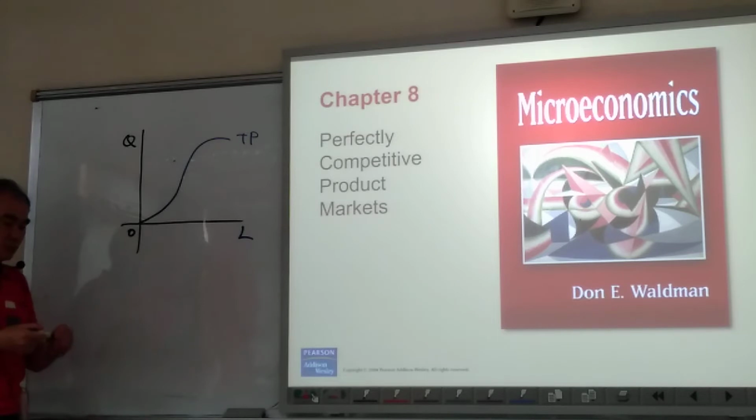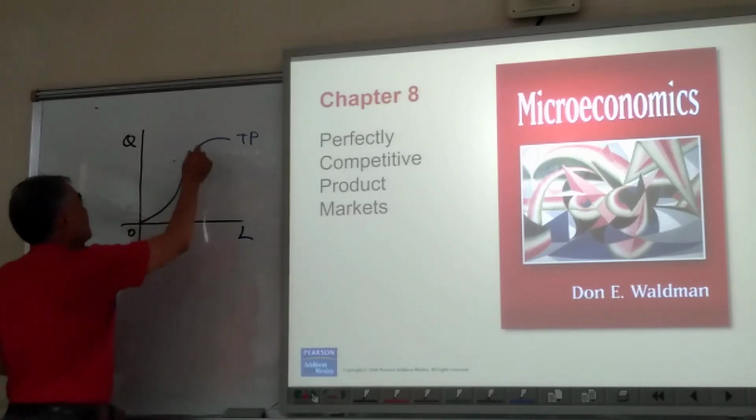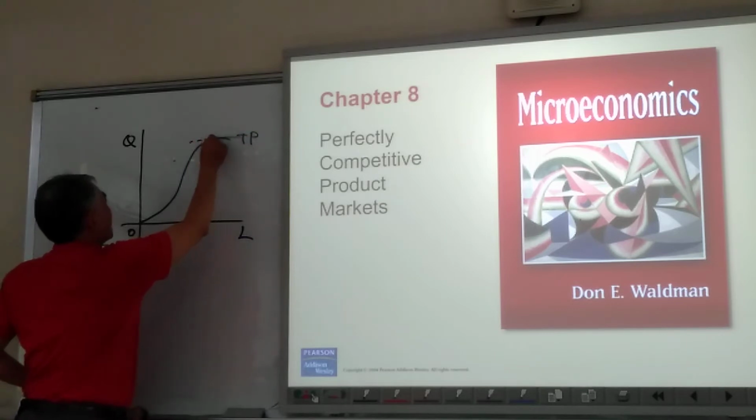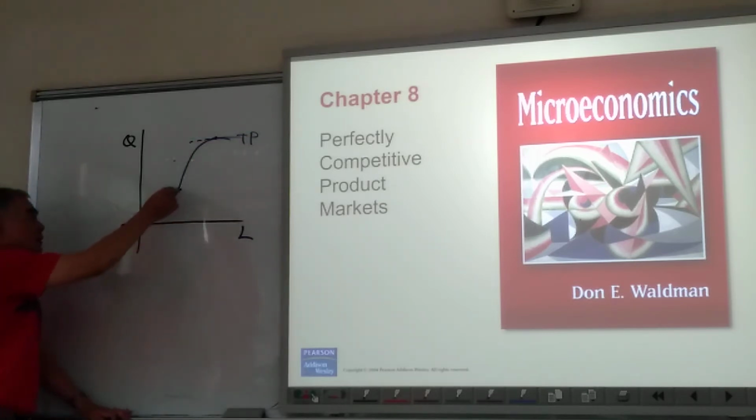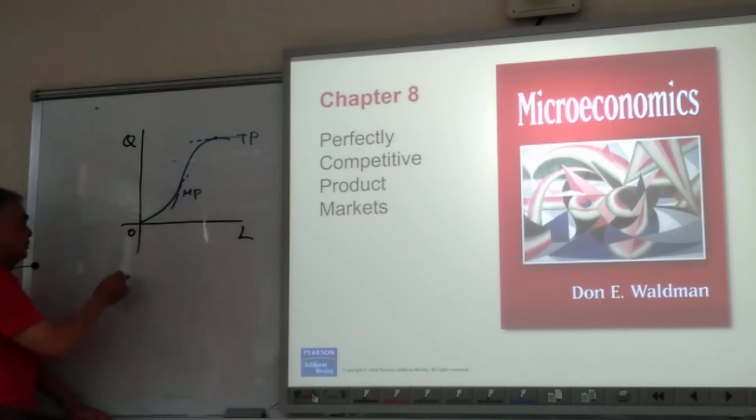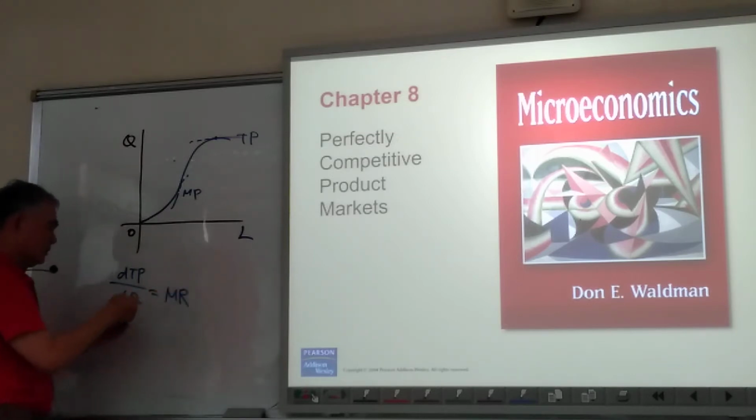And when the total product reaches its maximum, at this point the slope of the tangent to the total product curve is called MP, marginal product. So dTP/dQ, what you get is marginal product.